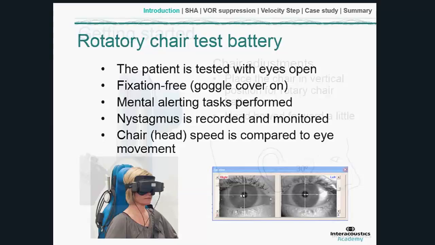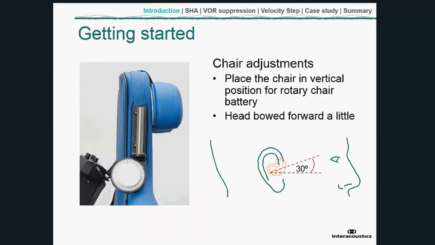Now, in terms of the setup itself, these rotary chairs have the ability to lie flat or lie at a 30-degree angle, the caloric test position. But when we use the chair in rotary chair mode, we have the chair in its vertical position, and the head is bowed forward slightly by the use of this headrest. This is because we're testing the horizontal semicircular canals.